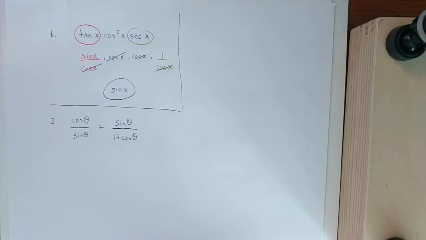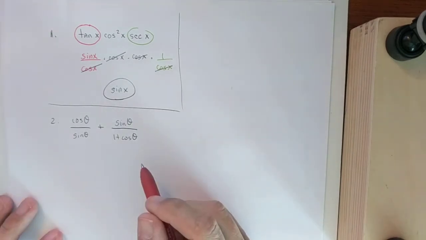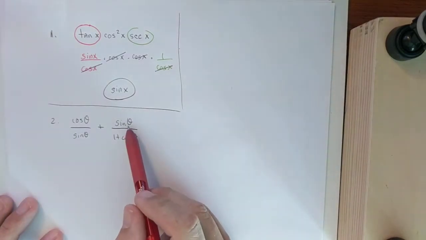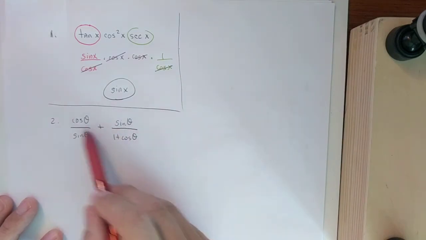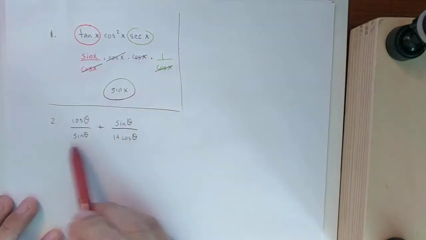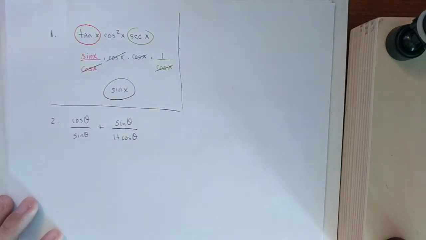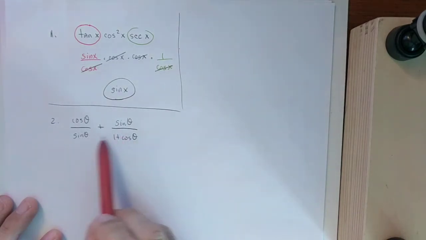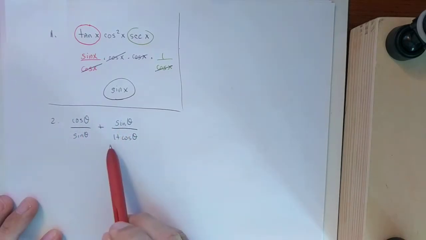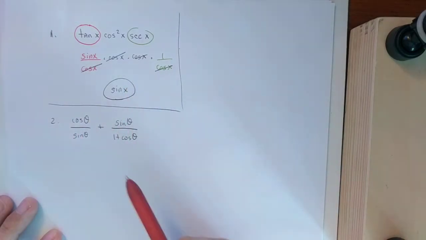If you see another way of doing it and you wind up with a similar or mathematically correct answer, that's fine. But what I would like to do with this is to find a common denominator. The only way that we can add 2 fractions, and it says write the final form with no fractions. So the only way to simplify this is first we're going to add the fractions, and then hopefully some stuff will cancel out like we had above.